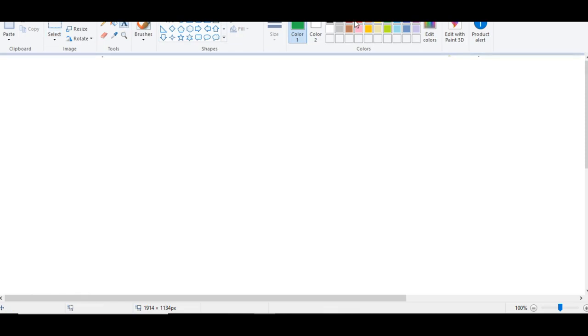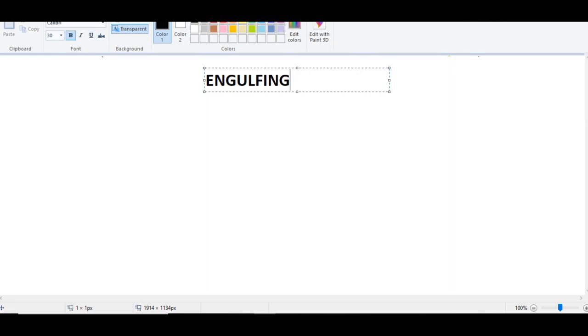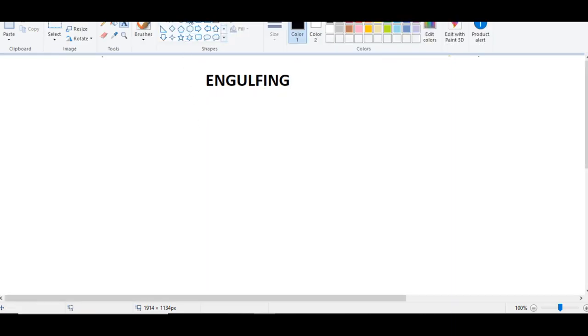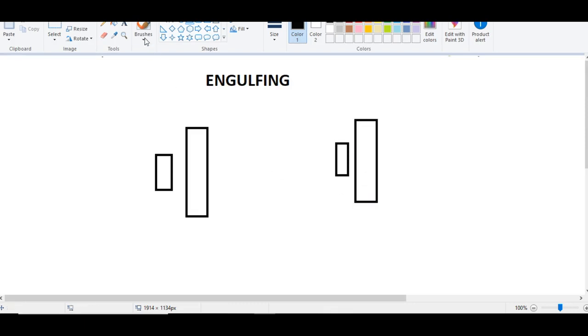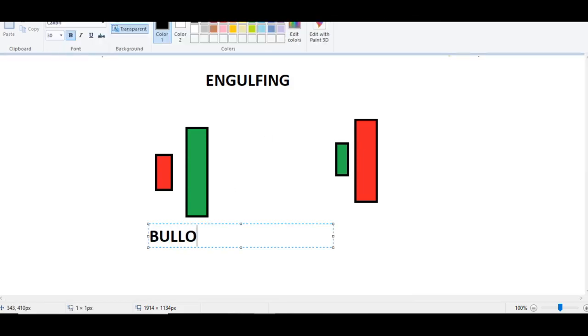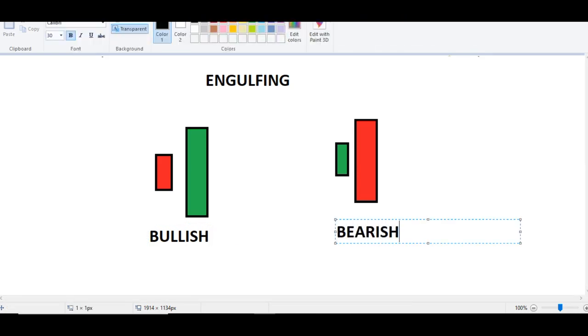Now let's go to the third candlestick pattern, which is known as our engulfing pattern. So in this we have two types. We have a bullish engulfing and we have a bearish engulfing pattern.